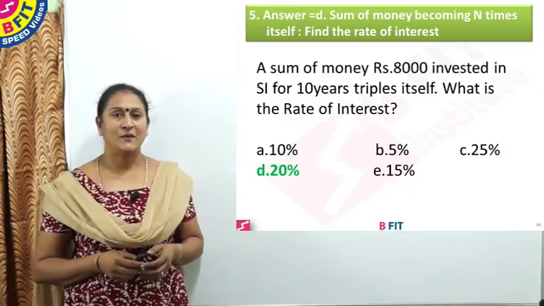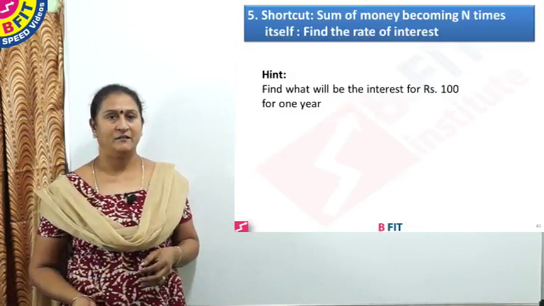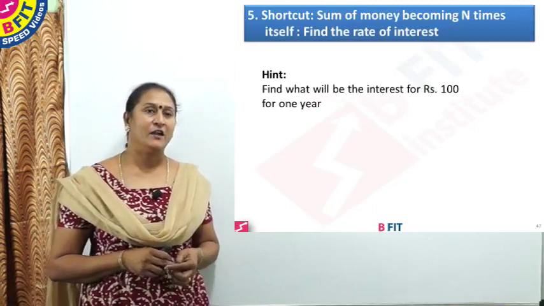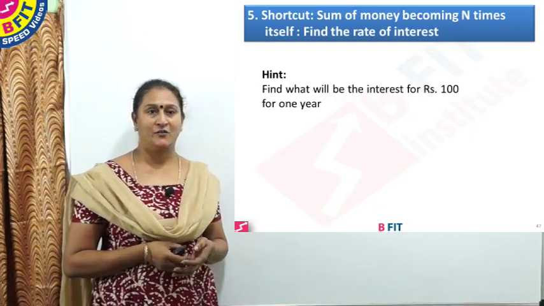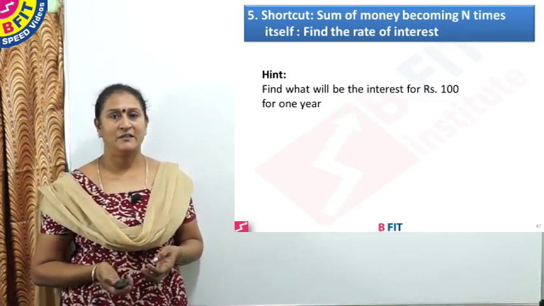So the answer for question number 5 is option D, 20%. And the hint here is, find what will be the interest for 100 rupees and then find it for 1 year, which will give you the rate percent.